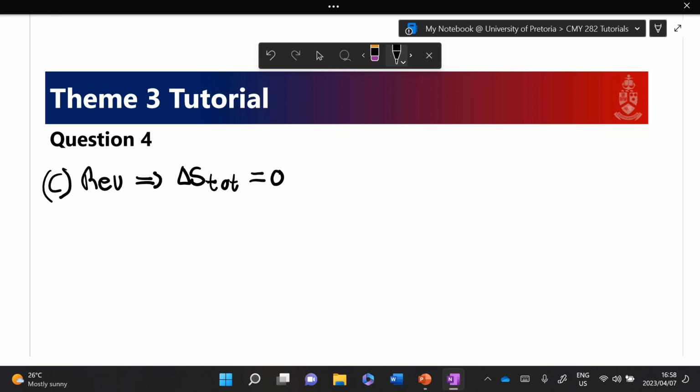It's not an isothermal expansion, it just says an adiabatic reversible expansion. But adiabatic means something else, right? So reversible expansion, let's just first remain there for a second, means that delta S system is equal to minus delta S surroundings.